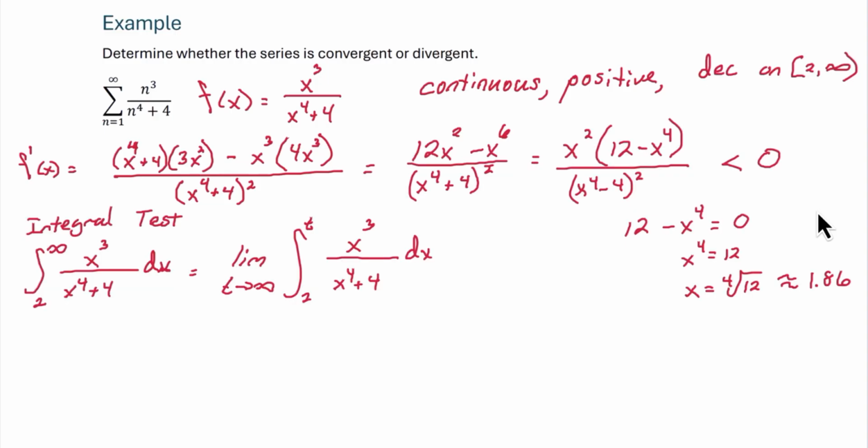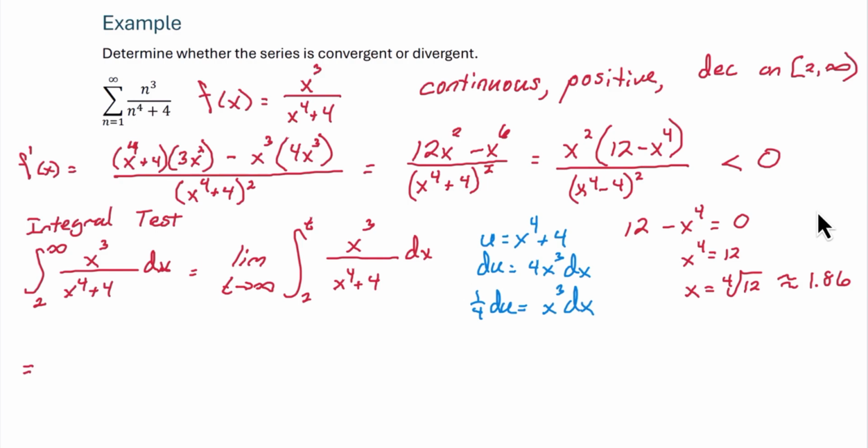From here, let's do a u substitution. Let's let u be x to the 4th plus 4. du is 4x cubed dx. Then we'll divide by 4. 1/4 du is x cubed dx.